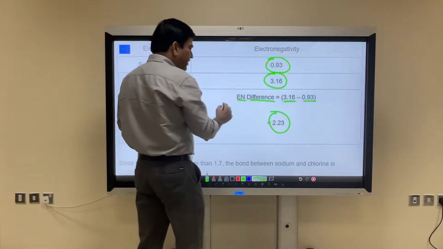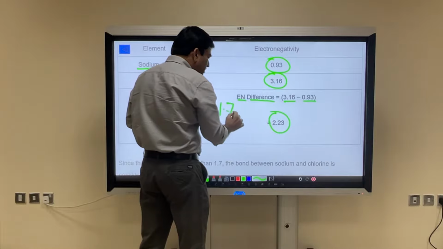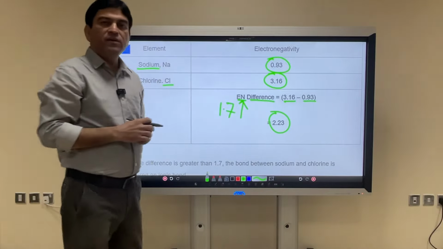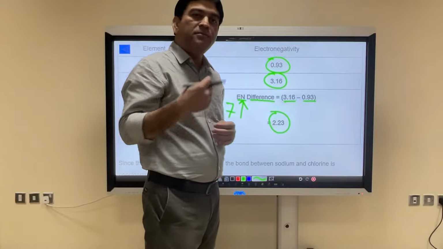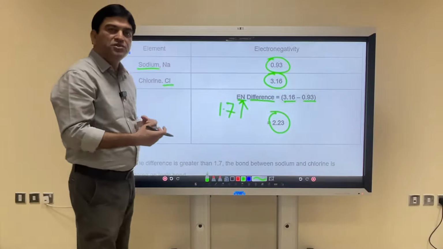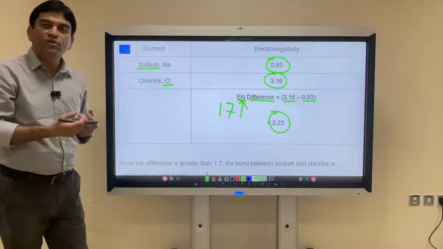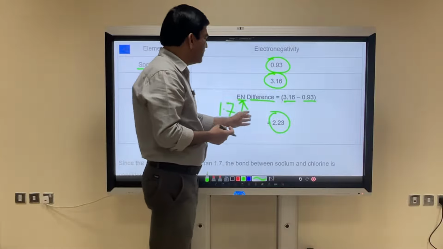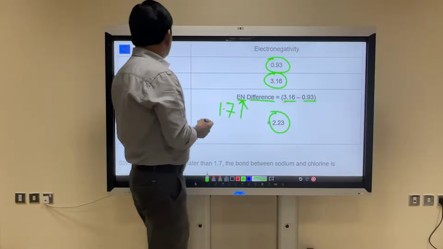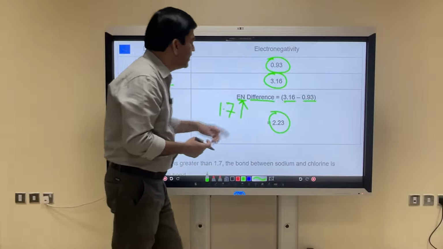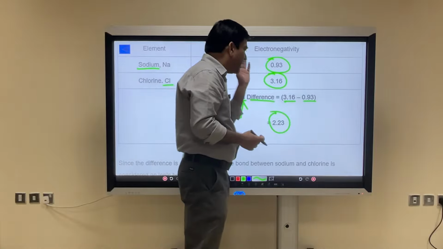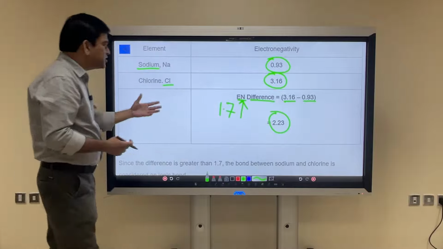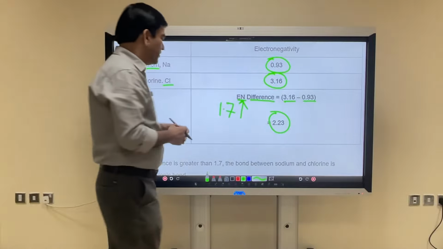So naturally, there will be a transfer of electron from one atom to another atom, and there will be formation of cation and anion, and an ionic bond. In the case of NaCl, the difference of electronegativity between Na and Cl is 2.23, which is more than 1.7, so there will be formation of an ionic bond.